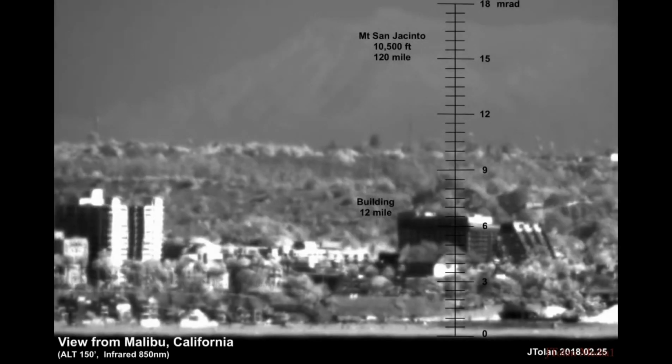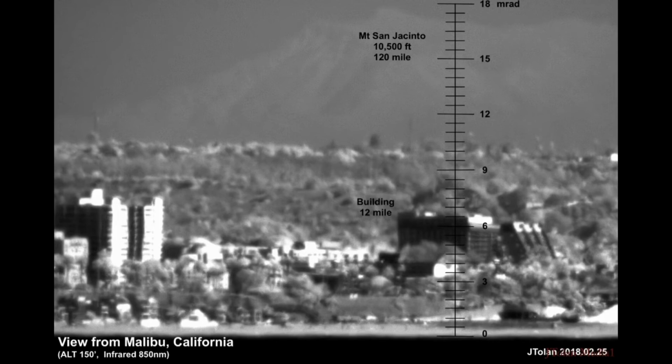So based on the building you see in the foreground 12 miles away, I now had the resolution I needed to see the different floors, and I averaged a few of them together, and I assumed about a 12-foot separation between the floors. And based on that, I created the scale in milliradians.